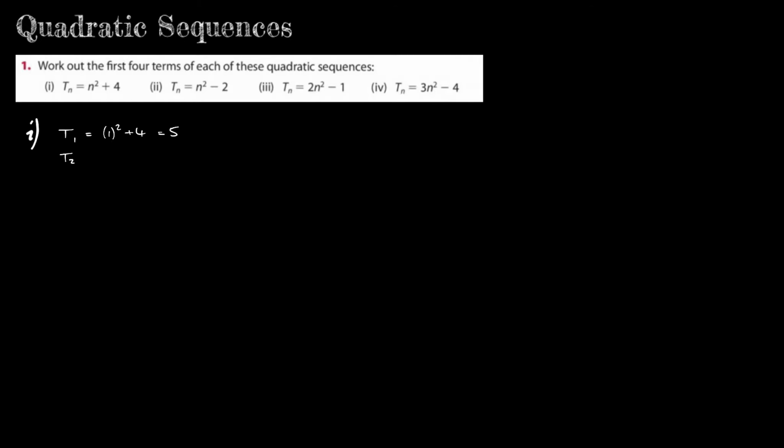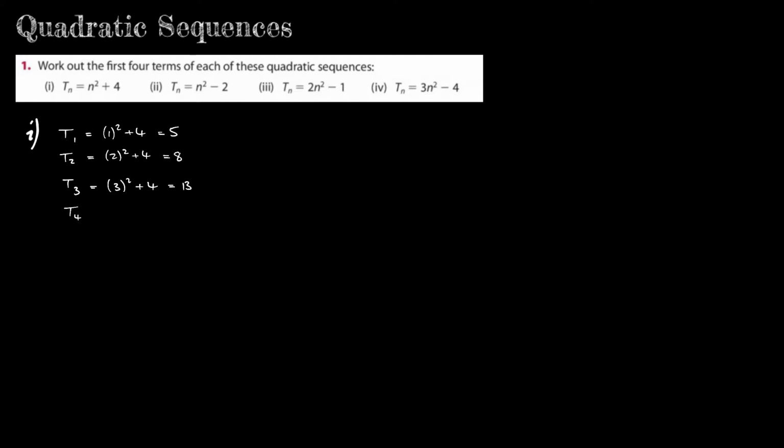T of 2 is 2 to be squared plus 4, which is 4 plus 4, which is 8. T of 3 is equal to 3 to be squared plus 4, which is 9 plus 4, which is 13.